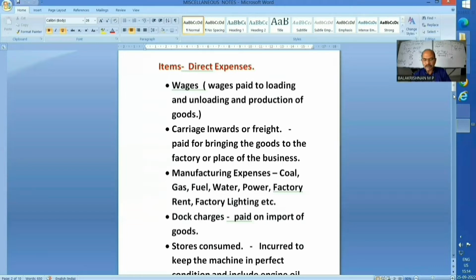Manufacturing expenses. If they just mention manufacturing expenses, you can take it as it is. Suppose they give the following items, those should also be considered as manufacturing expenses and included in the direct expenses: coal, gas, fuel, water, power, factory rent, factory lighting, etc. Dock charges, paid on import of goods.